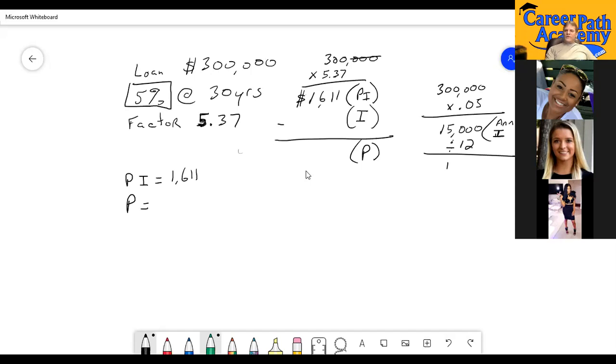And that's 1250. 1250 in monthly interest. So now we just take the 1250, subtract it from the 1611. And that's how we do it, boys and girls.